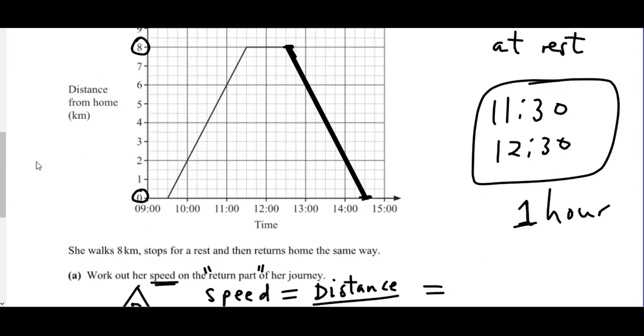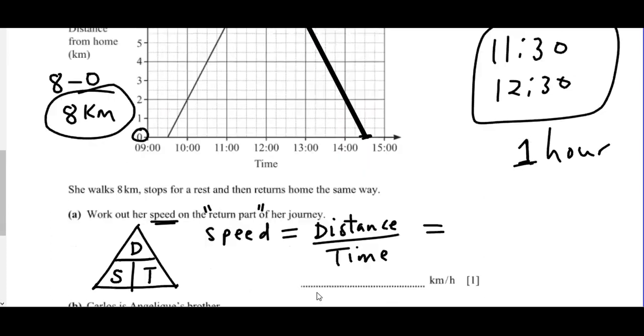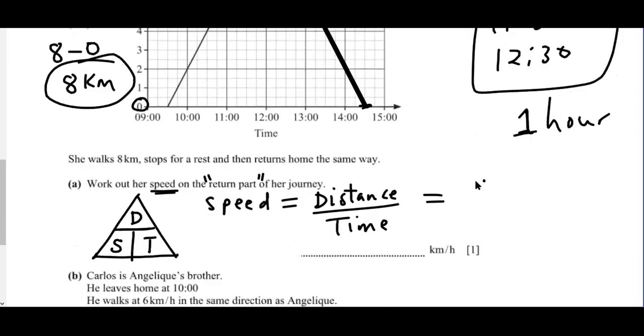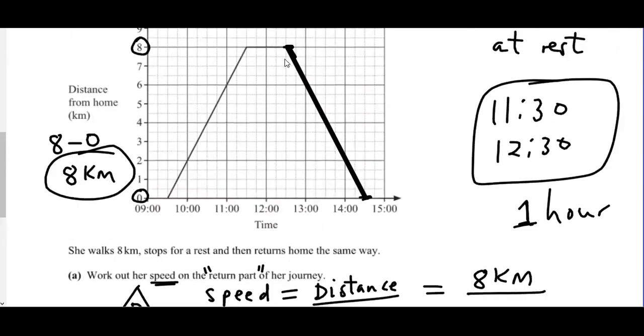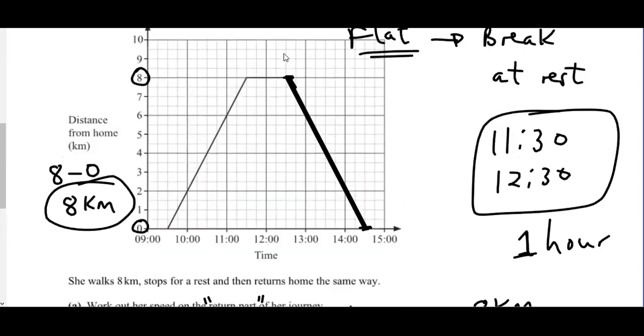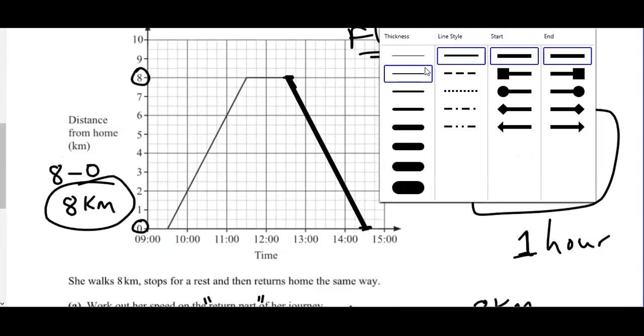So the distance over there is 8 minus 0, and this gives you 8 kilometers. Okay, so the distance is 8 kilometers. So go ahead writing 8 kilometers over here. Over time. Now, what about time? You need to know that returning back home started what time? What time did the returning start?